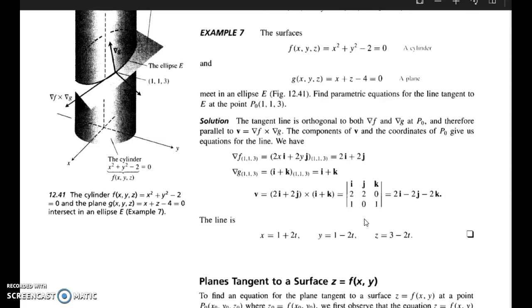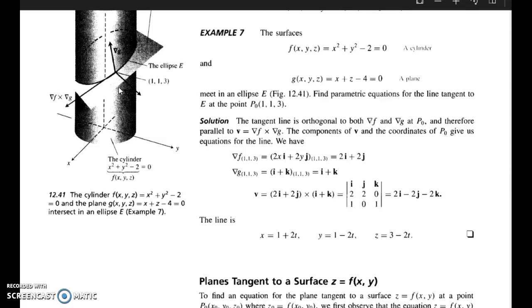This del f cross del g is a normal vector at the point 1, 1, 3 on the ellipse. So we have a point and a vector.